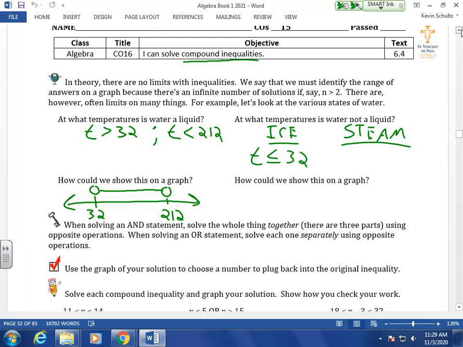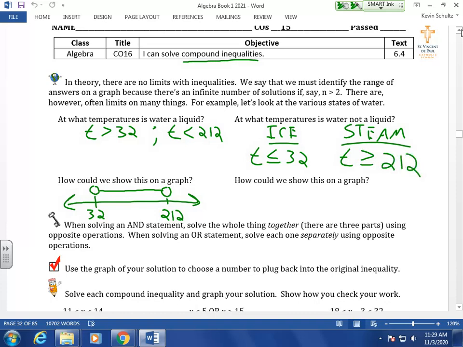It's actually going to be less than or equal to 32, right? Because if we put an open circle at 32 for when it's not a liquid, then what is it at 32 degrees? If both of our graphs are open circle at 32, that leaves 32 as being, I don't know what, okay? And then for steam, it's greater than or equal to 212, okay?